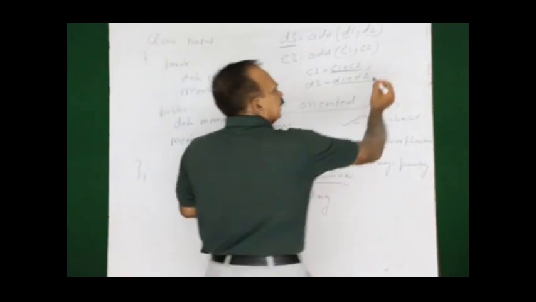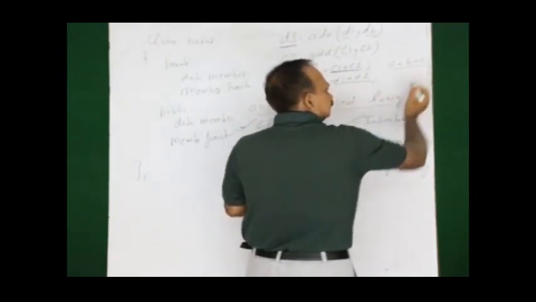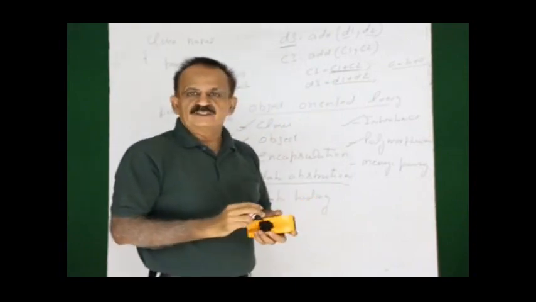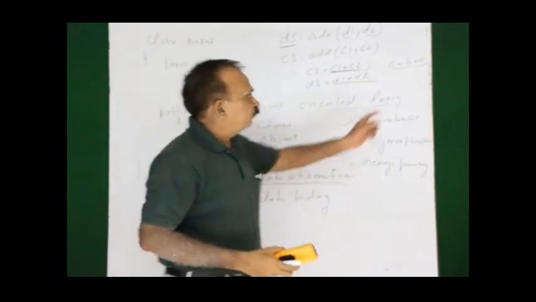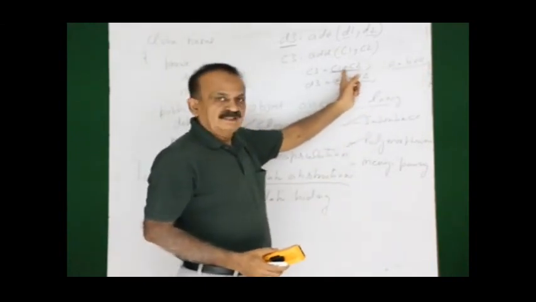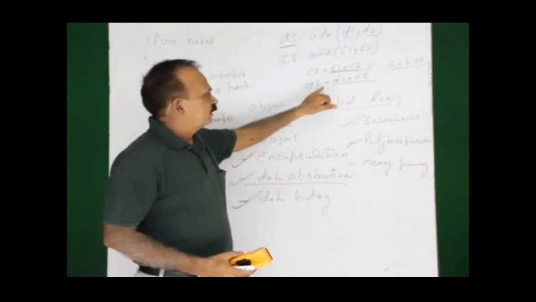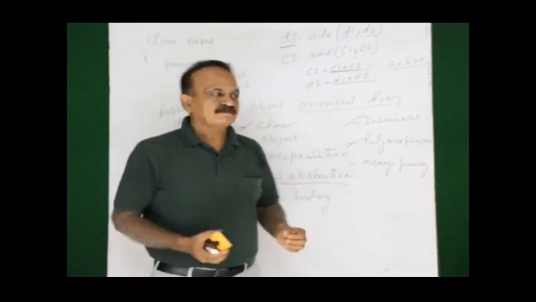And if I say A = B + C, these are two integer numbers which are added and the result is stored in the third. But the operation performed in each of these, all the three, is different.